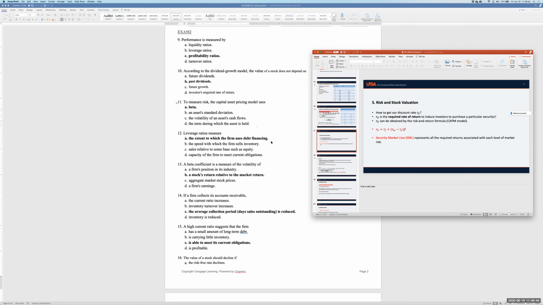Okay, anyway, let's jump to question 12. Leverage ratio measures. Okay, what is the leverage ratio? If you go to the table that I prepared for you, you can find the leverage ratio.